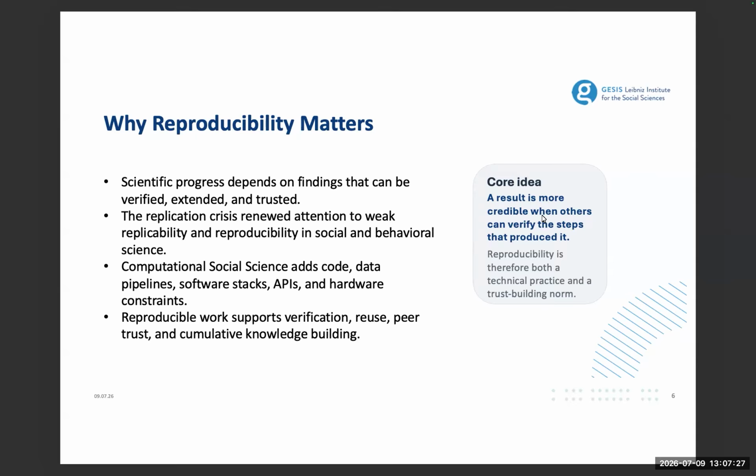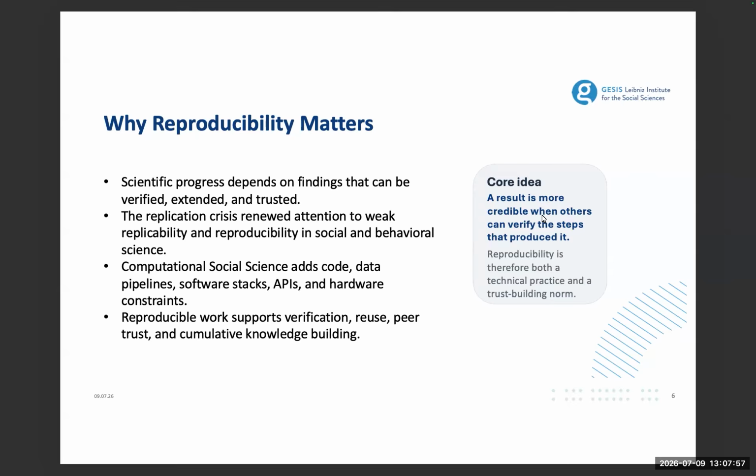So computational social science adds really a lot of complexity there, since you basically have social scientists in many cases that also need to have additional skills, right? Furthermore, there might be things such as dependence on external factors such as APIs, hardware constraints, and all these things which limit reproducibility in the computational sense, right?